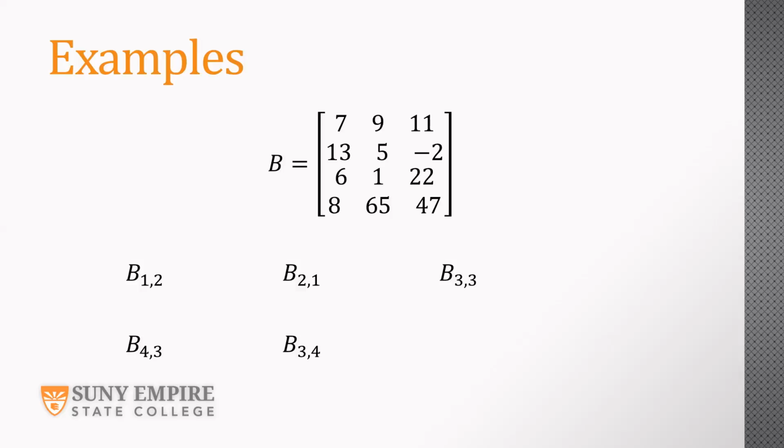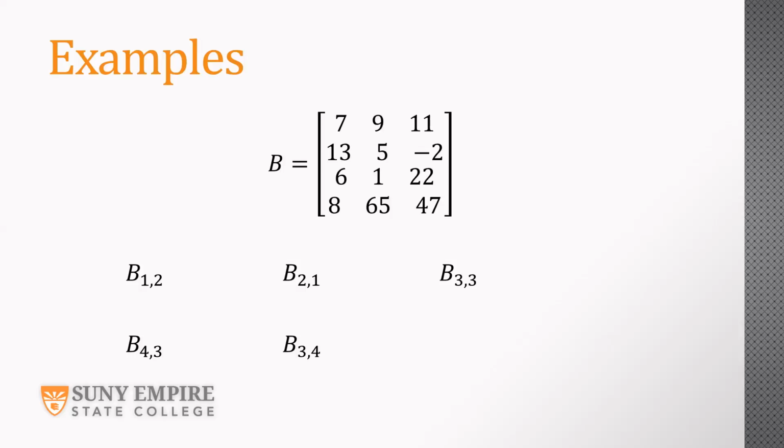From before, we have matrix B, which is 7, 9, and 11, then 13, 5, and -2, then 6, 1, and 22, then 8, 65, and 47.